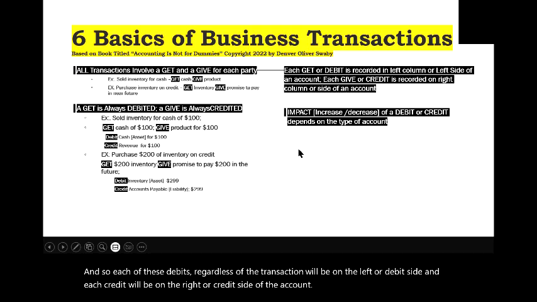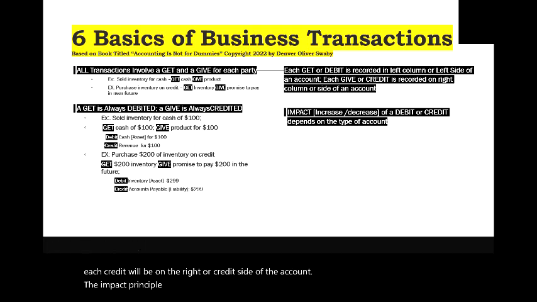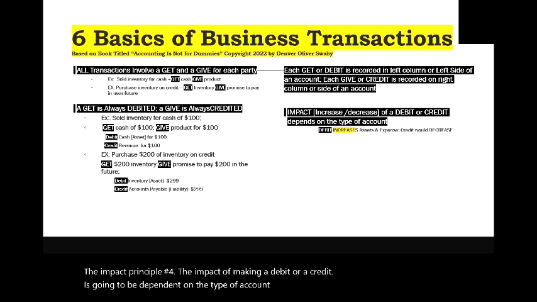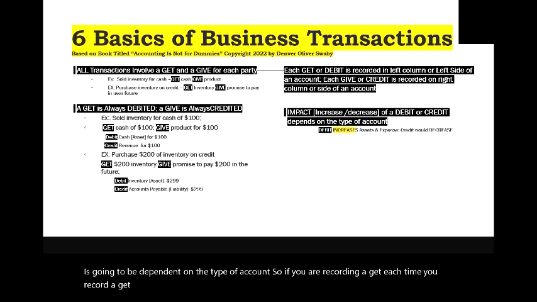The impact, principle number 4, the impact of making a debit or a credit is going to be dependent on the type of account. So each time you record a get, you are going to be increasing that particular side of the account.